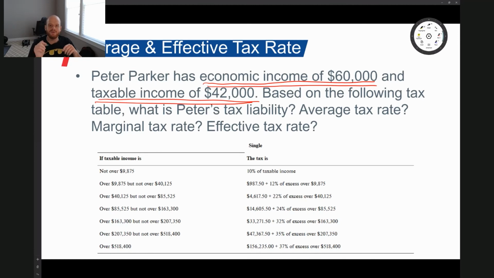Based on the following tax table, what is Peter's tax liability? So how much tax does he owe? What is his average tax rate? What is his marginal tax rate? What is Peter's effective tax rate? So pause, work through it, and let's get back and solve it together.